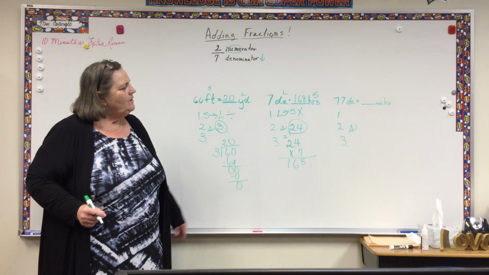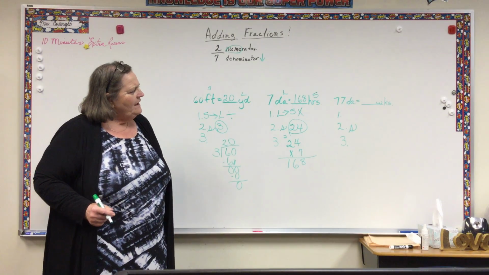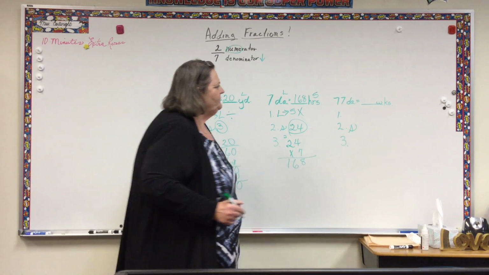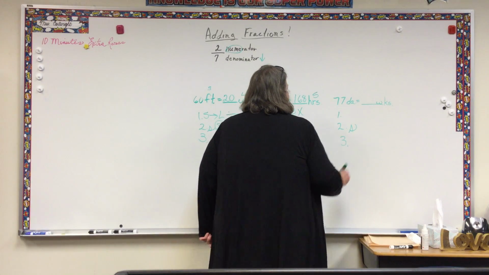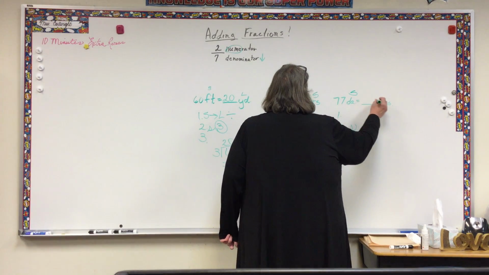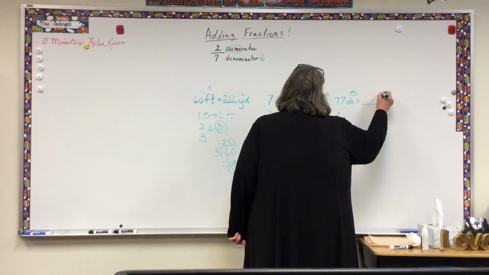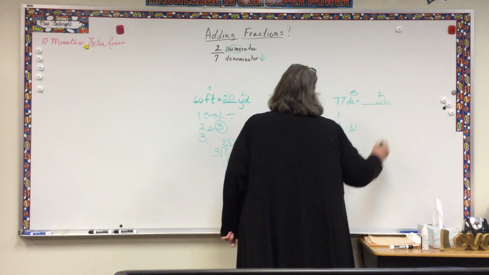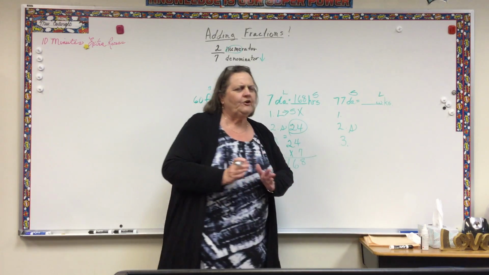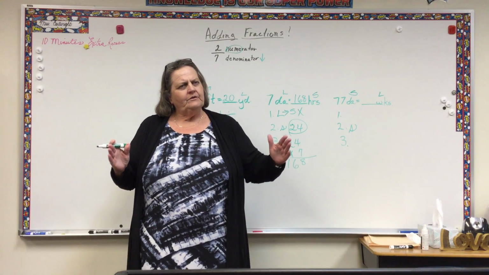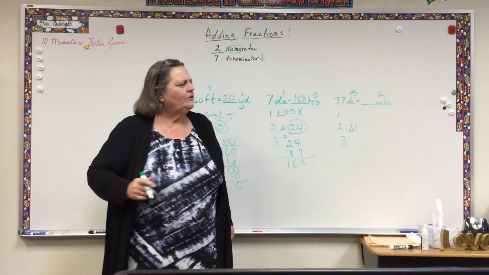What can I say? We have days and weeks. I look for the smaller unit, which is days, because weeks are longer than days. So we're going to go from smaller to larger. We're going to divide. Okay?